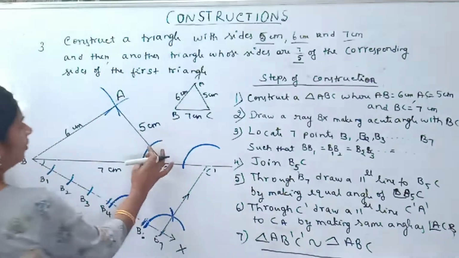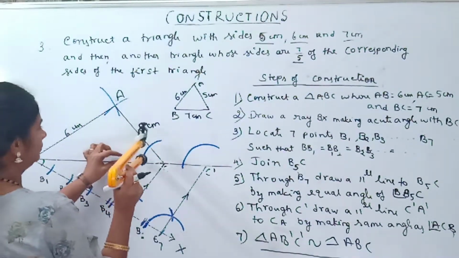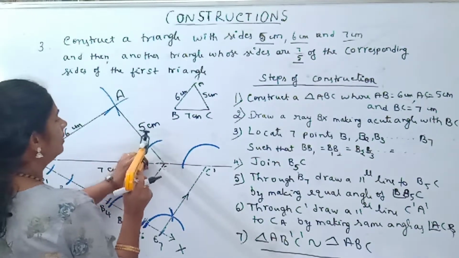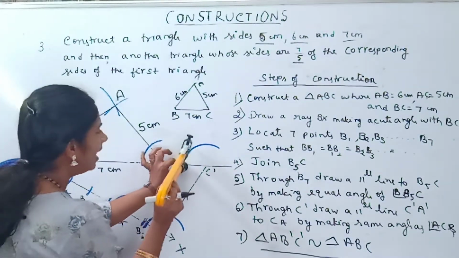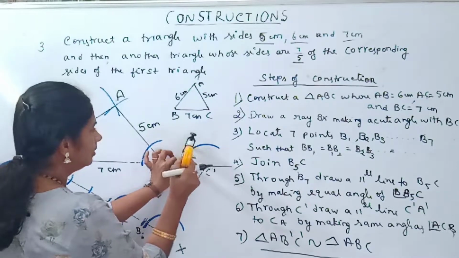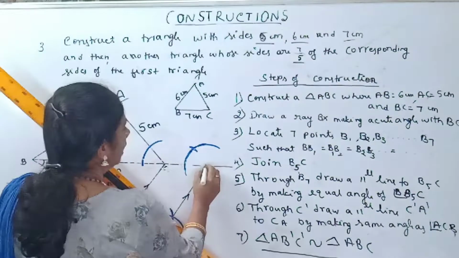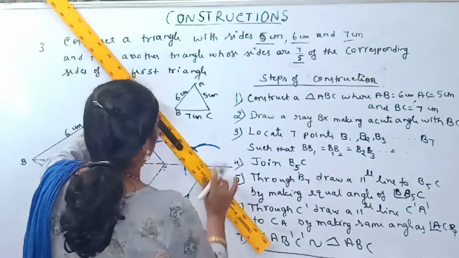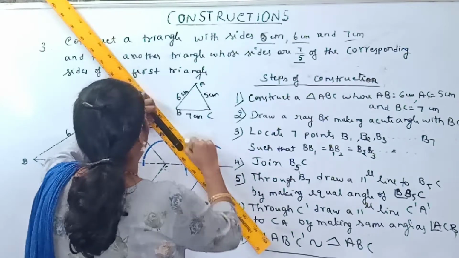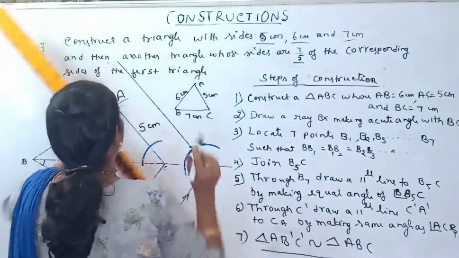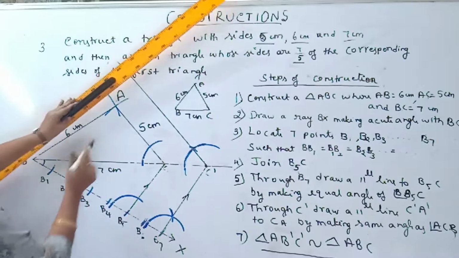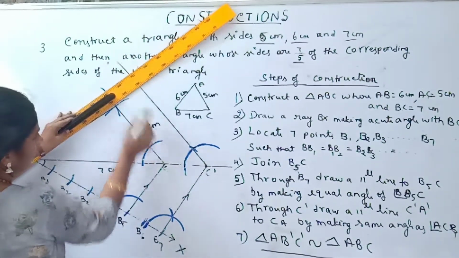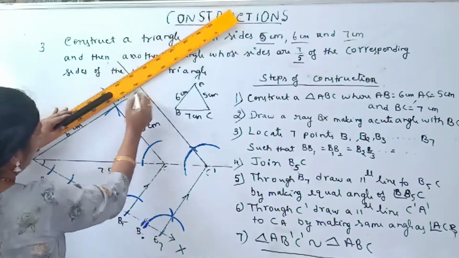Measure the angle formed between these two lines and keep your compass on that arc and cut that arc. We have to join C dash and this point and extend, children. Same way AB side you extend, let it intersect C dash and A dash.